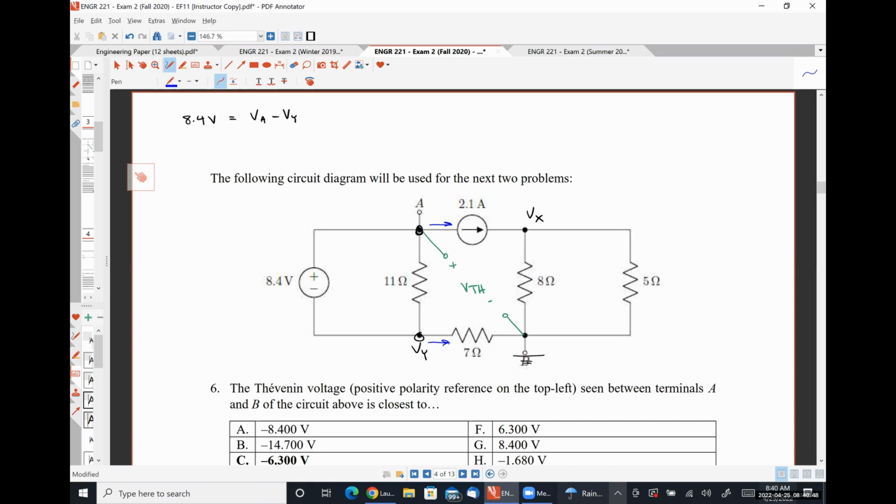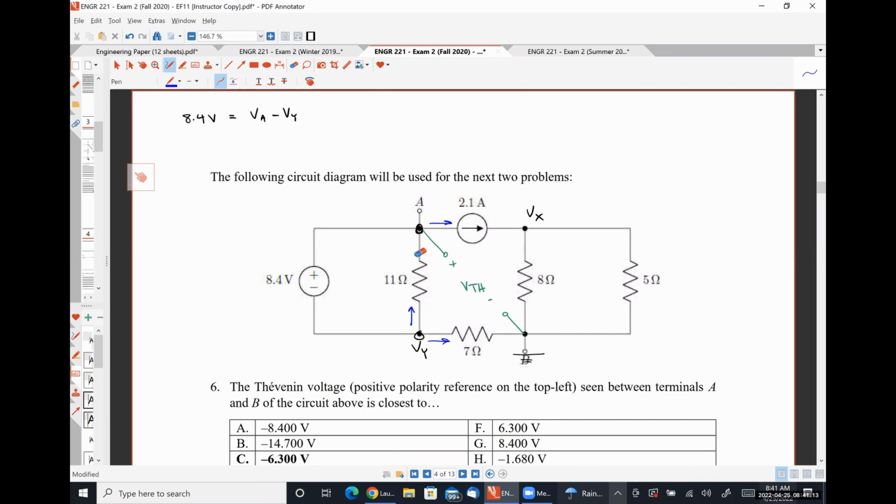If we include the 11 ohm resistor, in our supernode equation we're going to have this current flowing down through the 11 ohm resistor, and this current flowing up through the 11 ohm resistor, and they're going to cancel each other out. So anytime I have a resistor directly in parallel with my voltage source, it doesn't need to be in my supernode equation because the currents cancel each other out. So just skipping that bit right there.